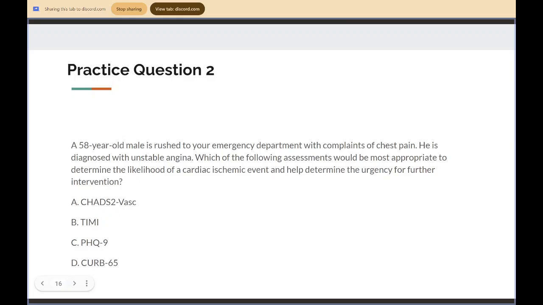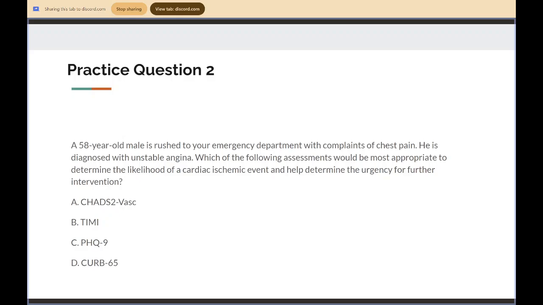Practice question 2 says a 58-year-old male is rushed to your ED with complaints of chest pain. He is diagnosed with unstable angina. Which of the following assessments would be most appropriate to determine the likelihood of a cardiac ischemic event and help determine the urgency for further intervention? Choice A, CHA2DS2-VASc. Choice B, TIMI. Choice C, PHQ-9.